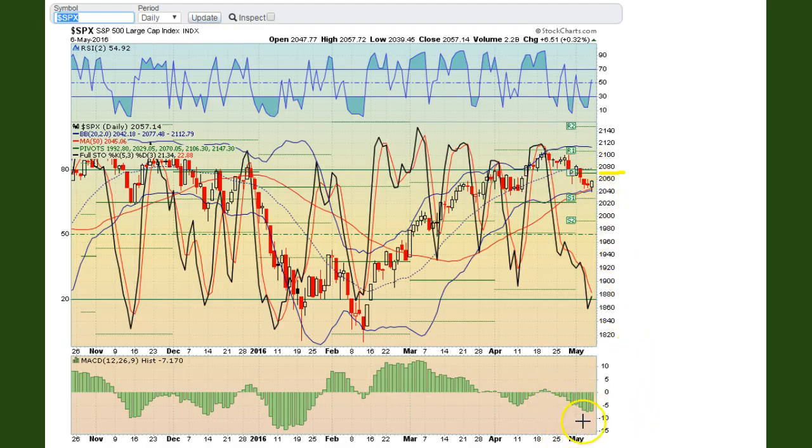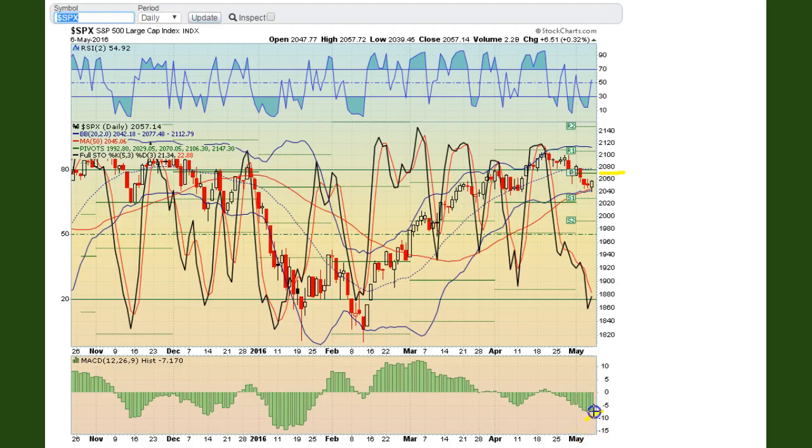Histograms are, if you squint your eyes a little bit and look stupid. Just kidding. You're going to see that the histograms are starting to go higher. The last histogram that we saw, which was Friday, was a smaller one than the previous line. That's important, right?